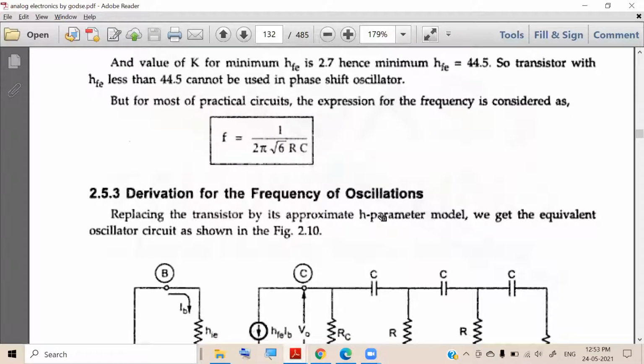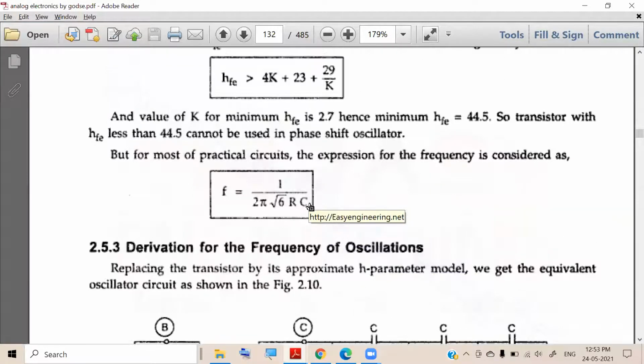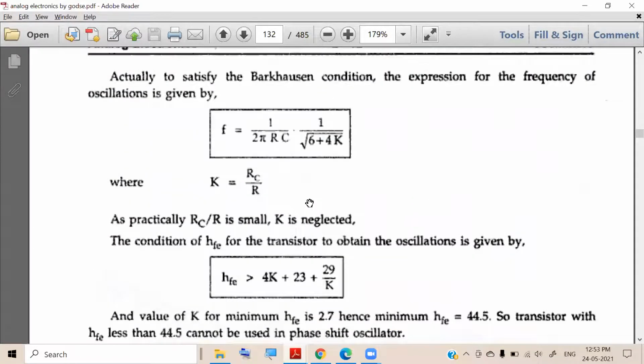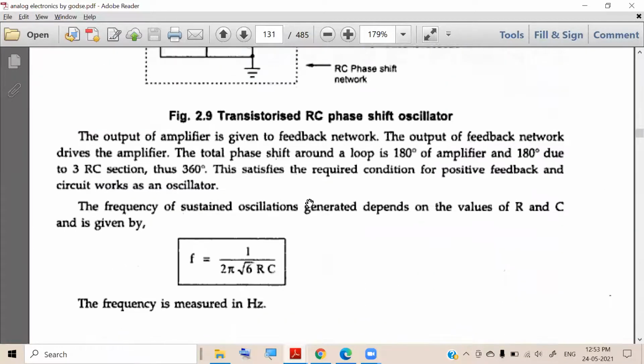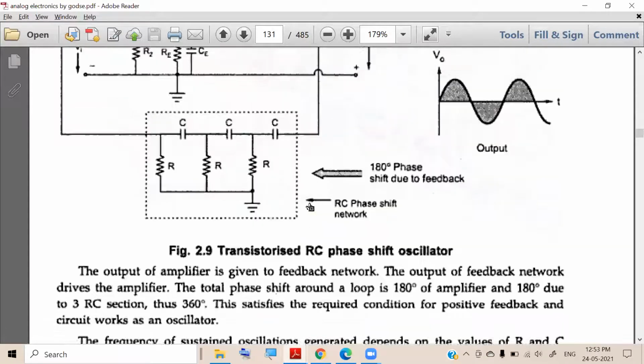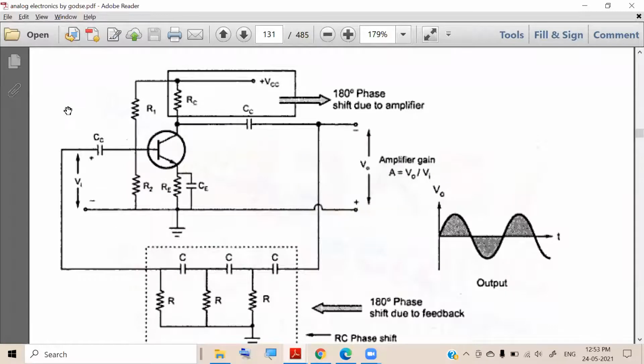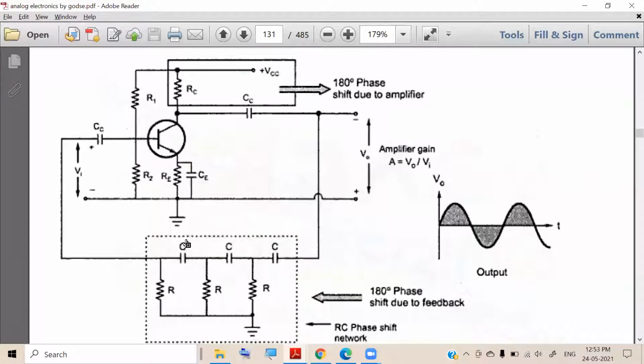Now, how are we deriving this? The same process. Replace the amplifier block with the approximate h parameter model of the transistor. Then this part we will take as it is.